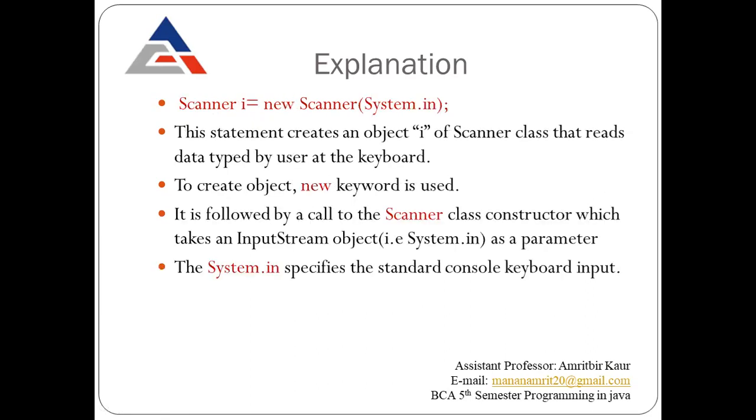Then we create an object of the Scanner class. Here Scanner is our class, I is the object, new is a keyword used to create an object, and System.in is a parameter. System is a class which contains all classes related to input and output, and in is an object of the input stream classes.